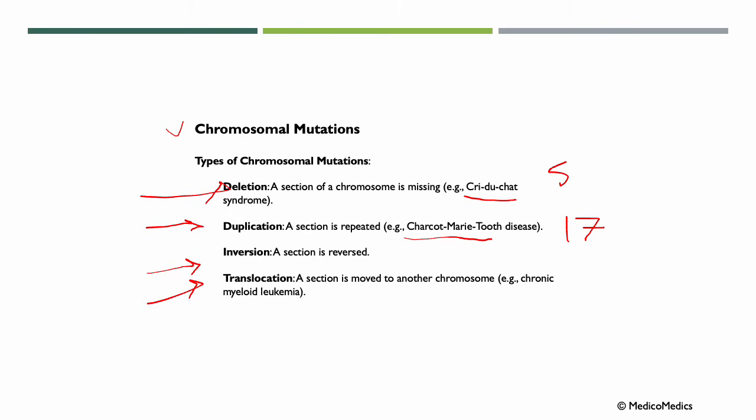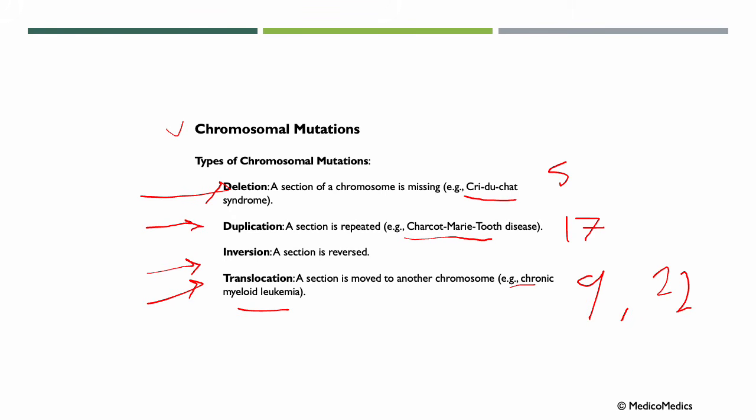This can be balanced with no genetic material lost, or unbalanced with extra or missing genes. An example is chronic myeloid leukemia, caused by a specific translocation between chromosomes 9 and 22, forming the so-called Philadelphia chromosome, which leads to uncontrolled cell growth.